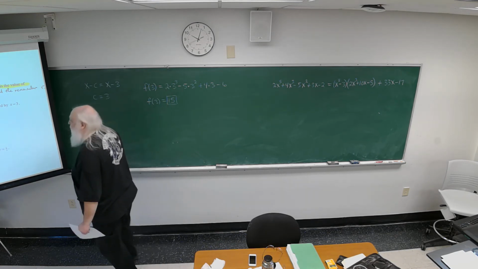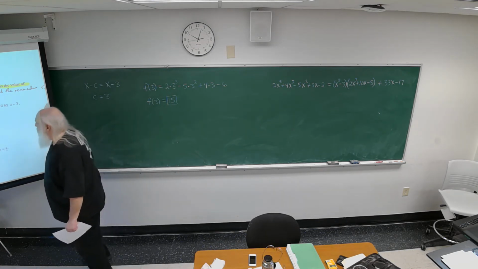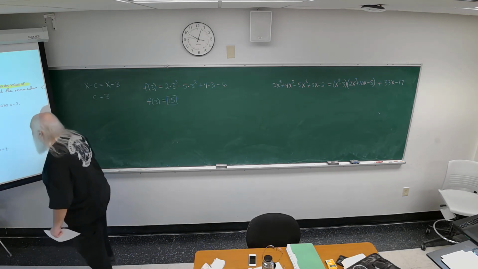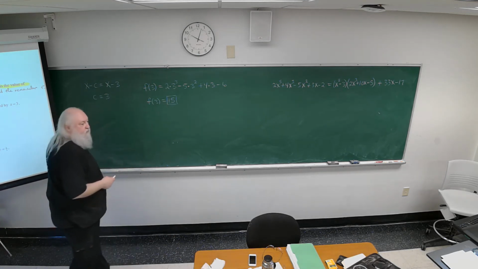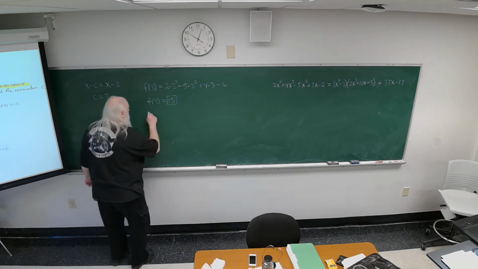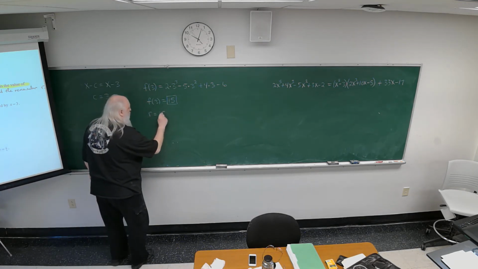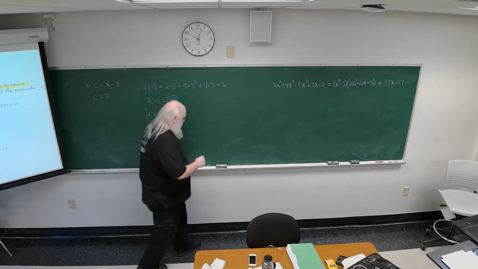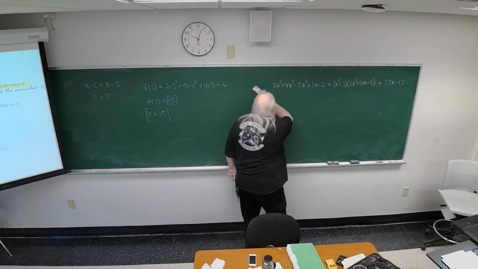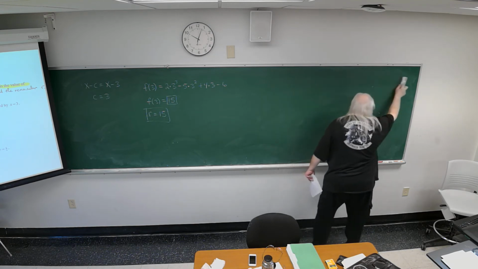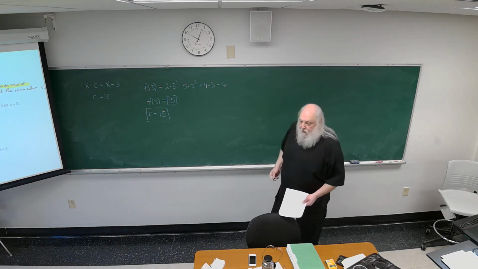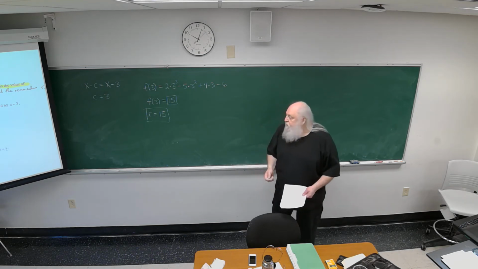So if you divide this third degree polynomial function by x minus 3, the remainder will equal 15. R will equal 15. You don't know the quotient, but you know what the remainder is.